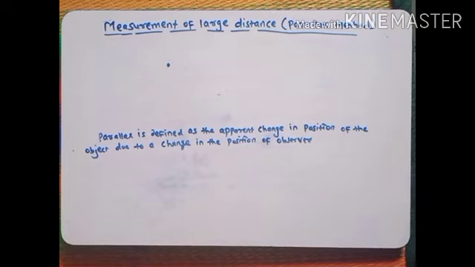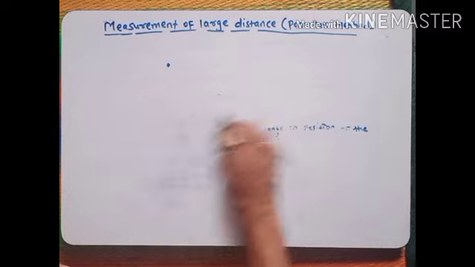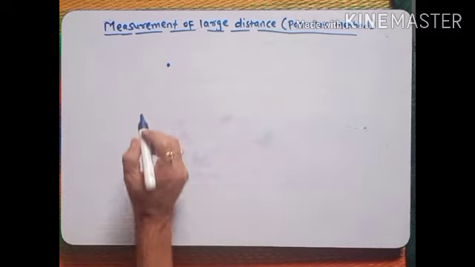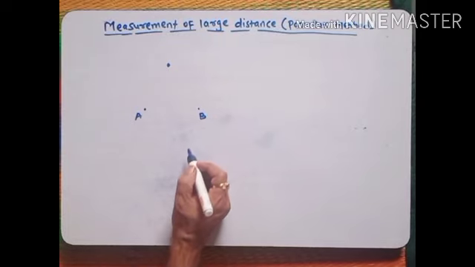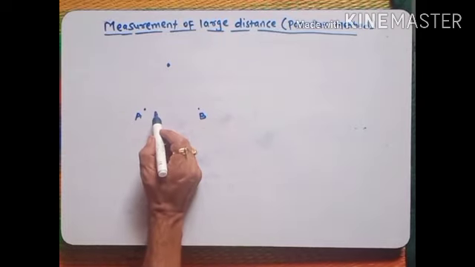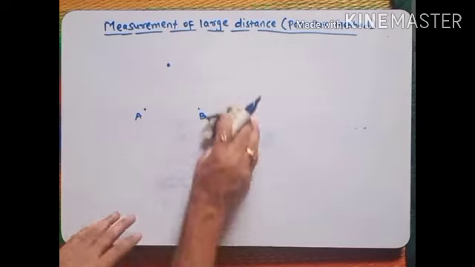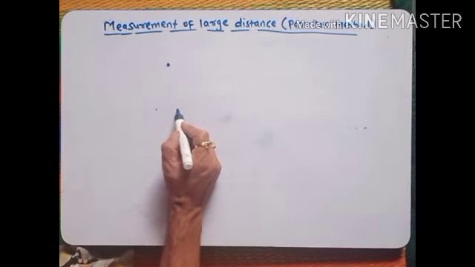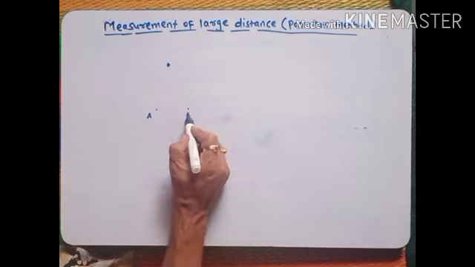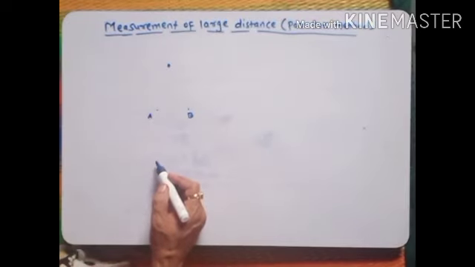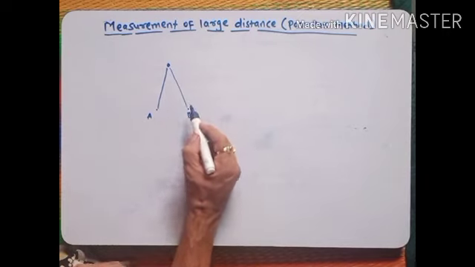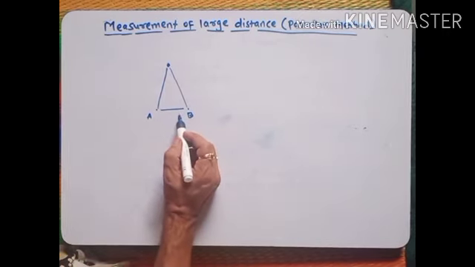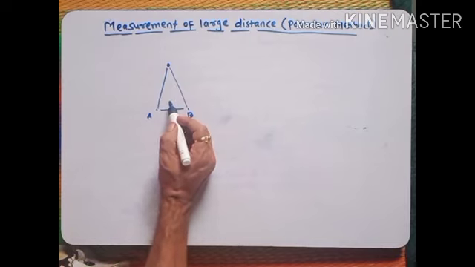Now consider two points, point A and point B, on the earth. The distance between them is very, very small.